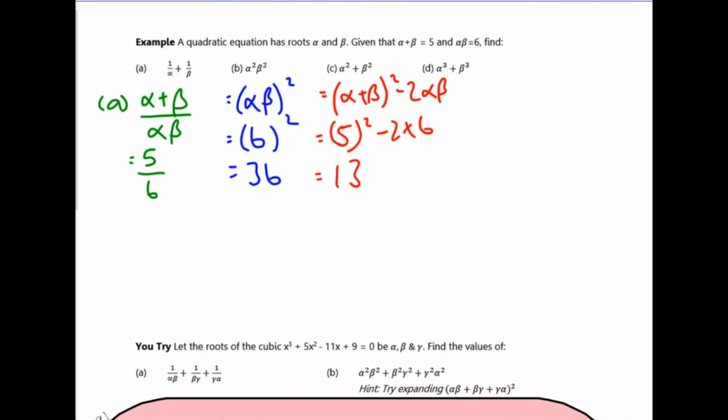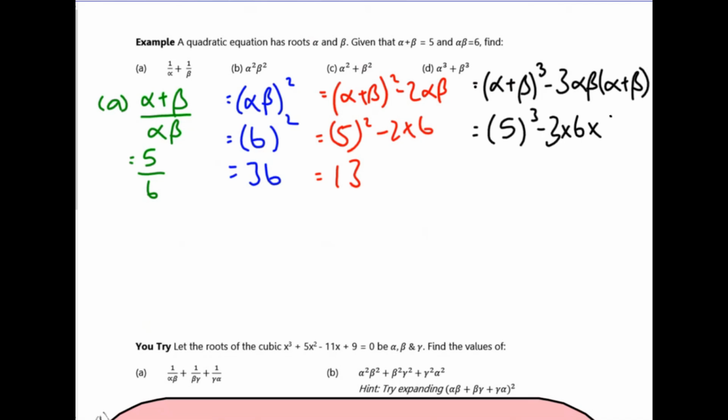And then for the last one, again, either you can derive this yourself or you can memorize it. So the result was alpha plus beta cubed minus 3 alpha beta times alpha plus beta. That's 5 cubed minus 3 times 6 times 5. 125 minus 90 is 35.